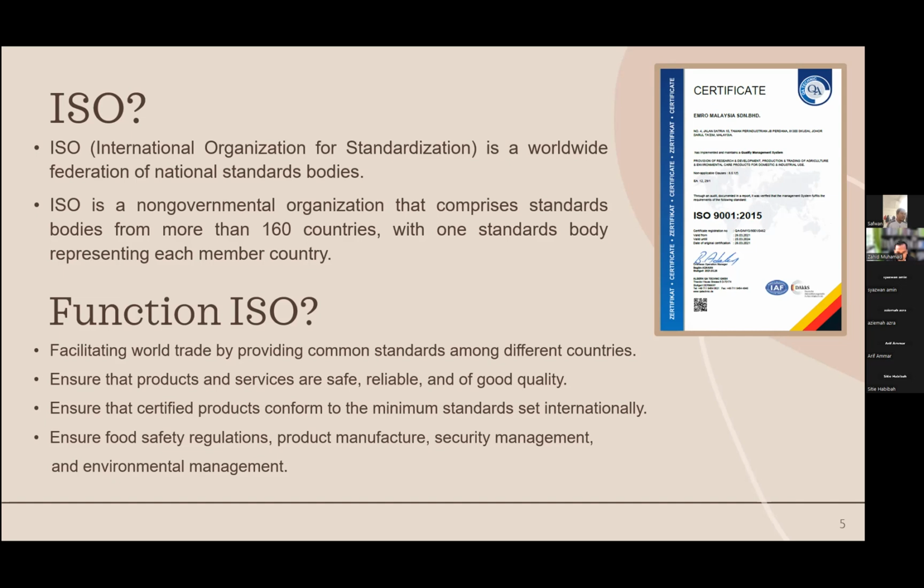First, to facilitate world trade by providing common standards among different countries. That is to ensure that products and services are safe, reliable, and of good quality. Next, to ensure that certified products conform to the minimum standards set internationally. And last, to ensure food safety regulation, product manufacture, security management, and environmental management.